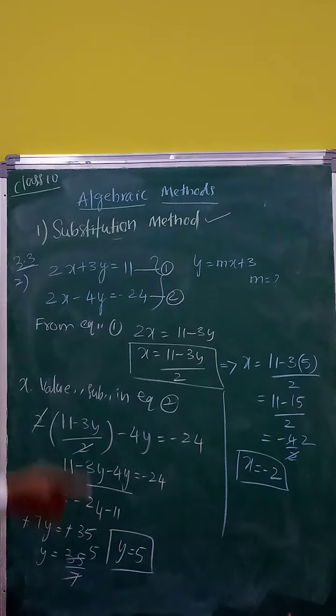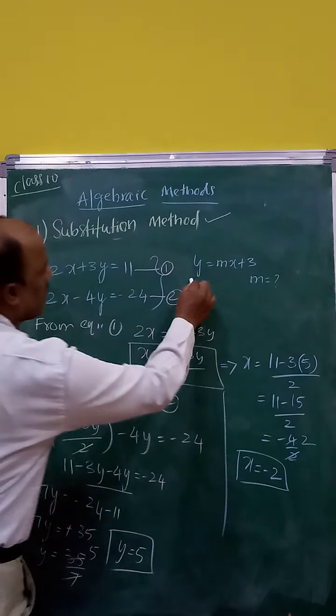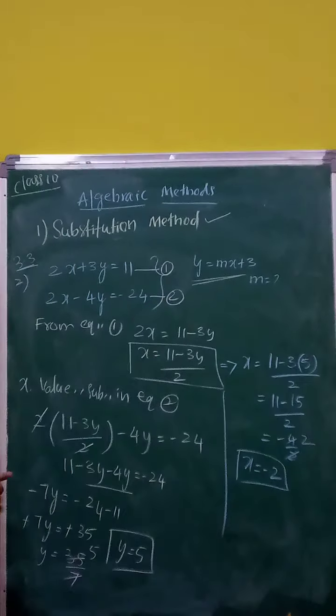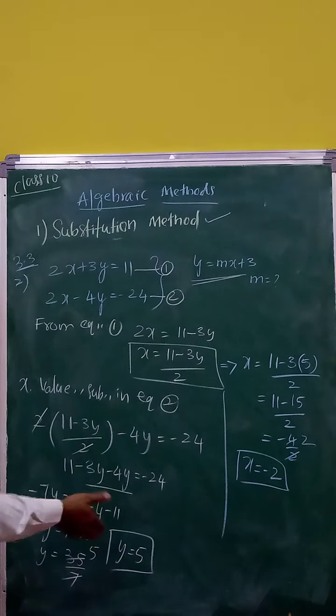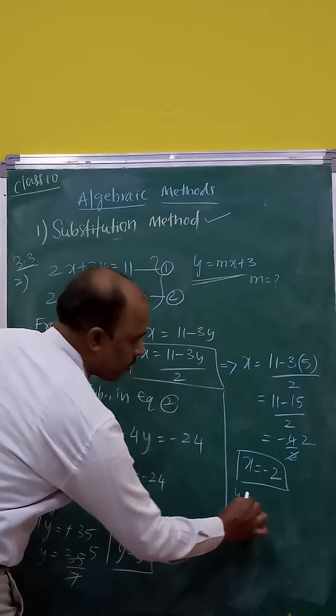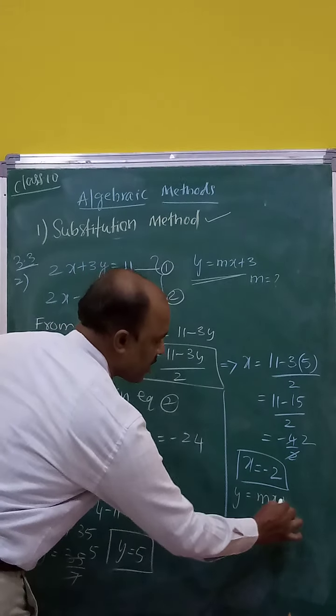Completed the substitution method. But what is the condition given? Y is equal to mx plus 3. Using this we have to find the m value. Apply both the values here. Y is equal to mx plus 3.